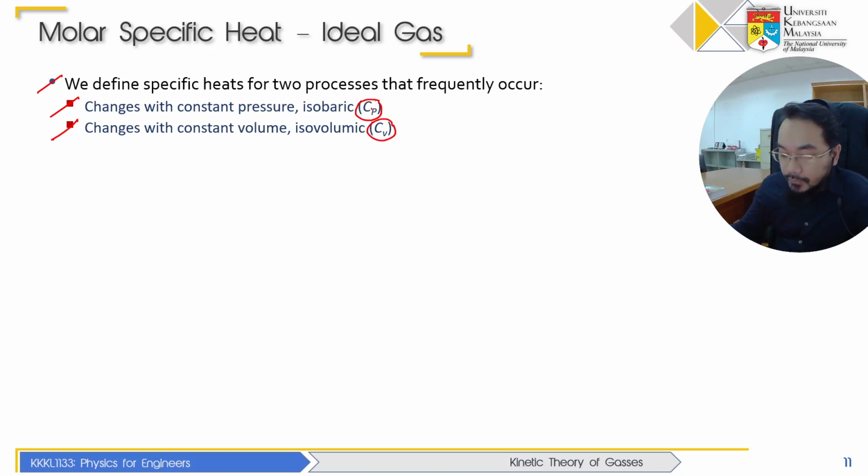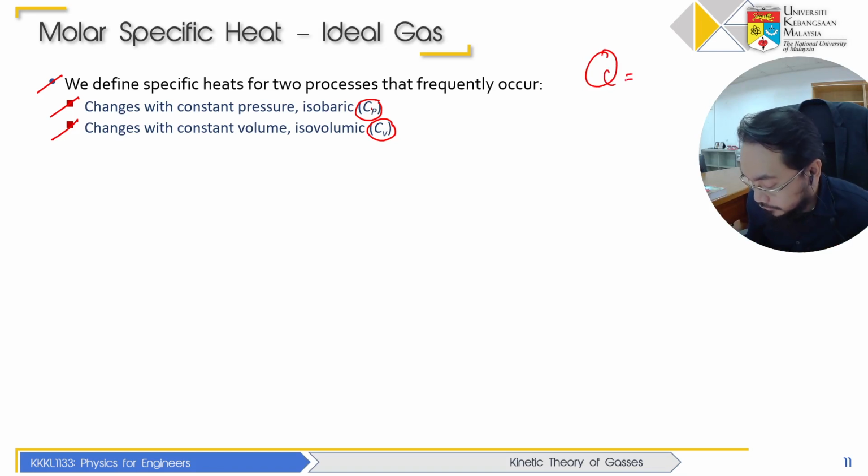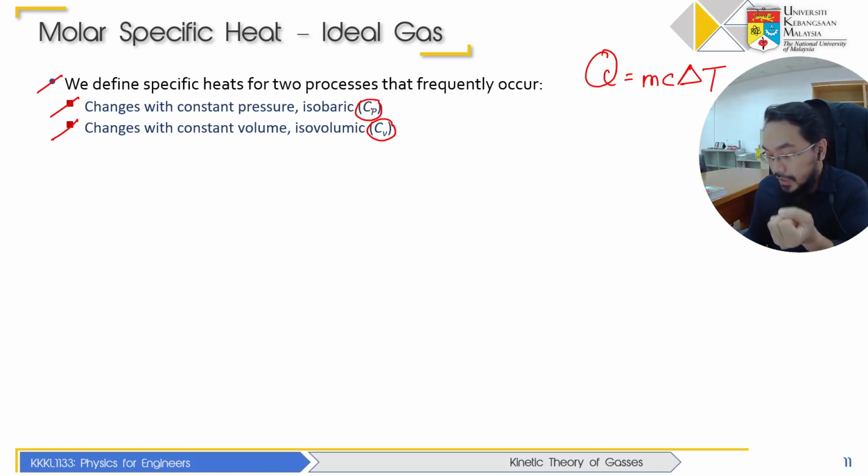Now, if we recall, in terms of specific heat capacity of an object, if the object is either in liquid form or solid form, we know that Q equals m c delta T. So it is the heat associated with increasing a certain mass of an object by a certain number of degrees Celsius.